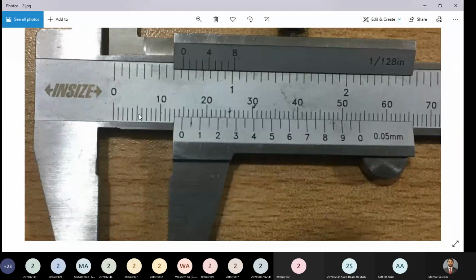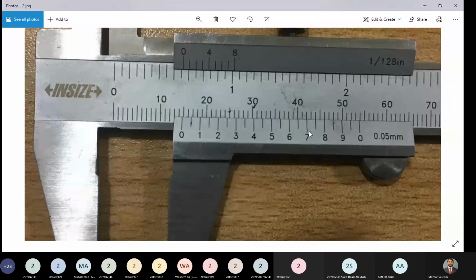Quickly, you can see that the main scale reading is 14. And then if you come to the vernier scale, if the line on which 7 is written had been coinciding with any line of the main scale, we would have directly said that the reading is 14.70.